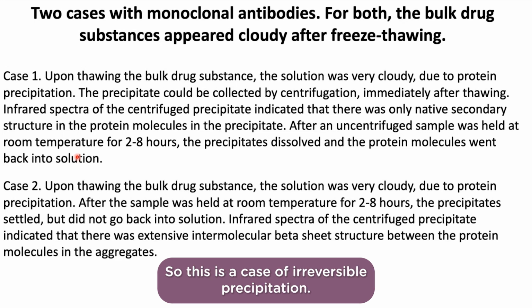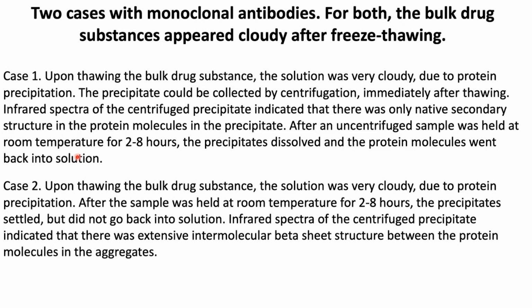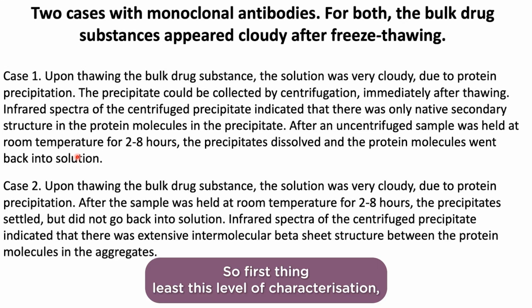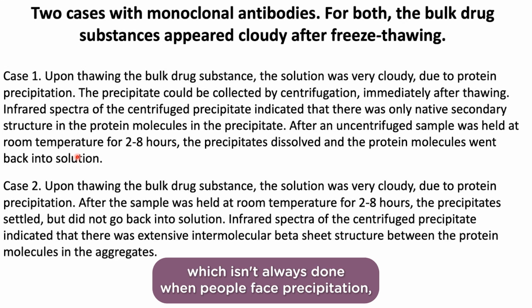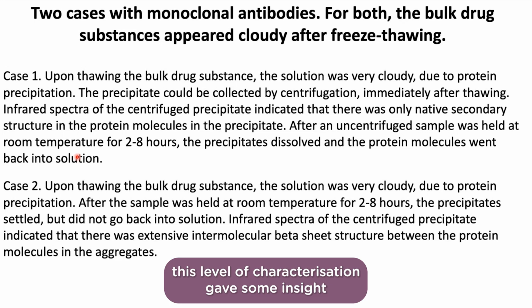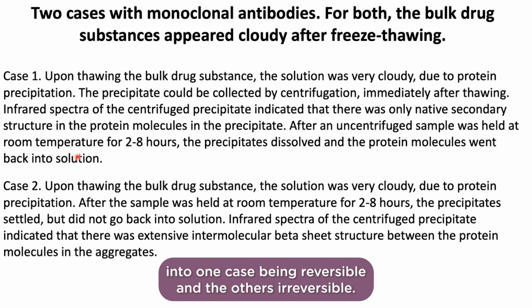So this is a case of irreversible precipitation. Okay. So first thing, at least this level of characterization, which isn't always done when people face precipitation, gave some insight into one case being reversible and the other irreversible.